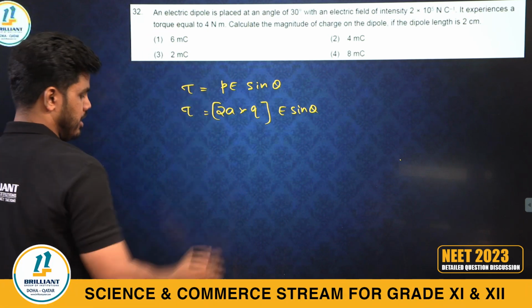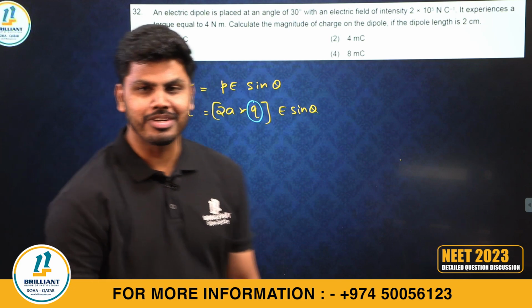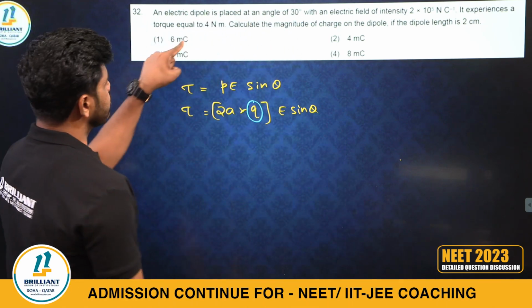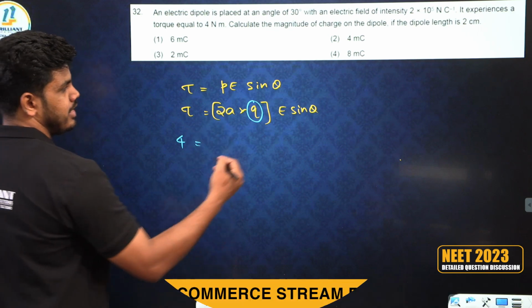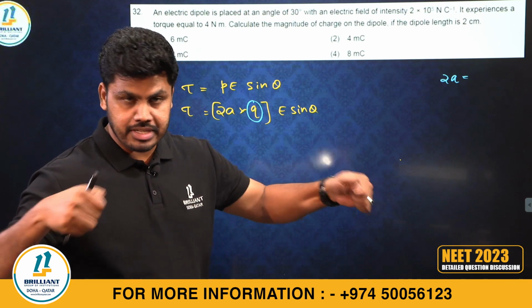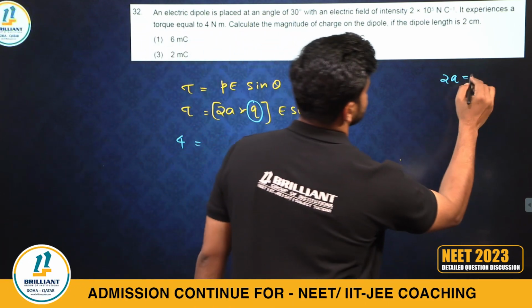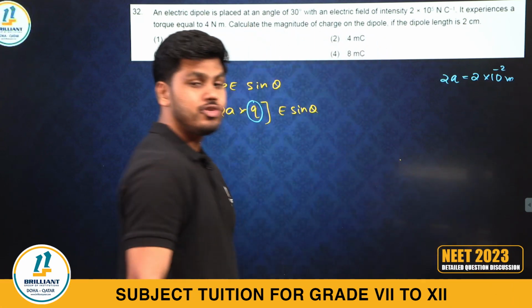Torque is also given. You are asked to calculate the charge and all other values are given. See, quite simple. What is the torque value? Torque value is 4 Newton meter. Now, length of dipole. 2A stands for total length of the dipole, and that is given in the question as 2 centimeters. So 2 into 10 raised to minus 2 meters. That is the 2A value.